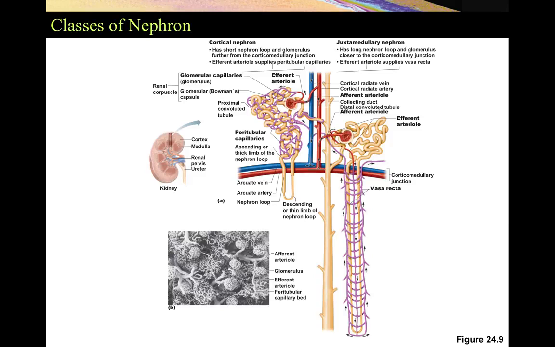Now, going back to the two types of capillaries I mentioned earlier, present around your nephron tubules. The capillary network around the cortical nephron is referred to as the peritubular capillaries, while the network of capillaries around the juxtamedullary nephron is much more structured and referred to as vasa recta, and they're extremely important in ensuring the formation of that concentrated urine I mentioned earlier.